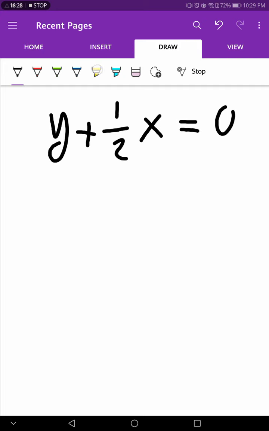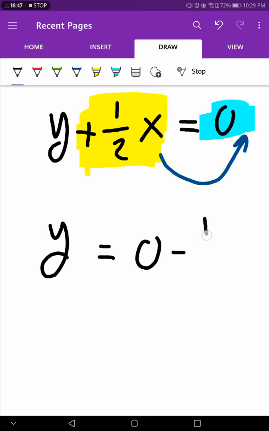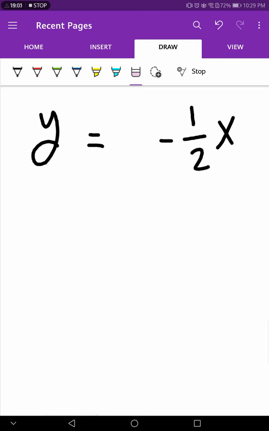So you can move this package from the left side to the right side, and the y will be alone. y equal 0 - 1 over 2x. My dear student, you can erase the 0, or you can mention it, or you can ignore it.